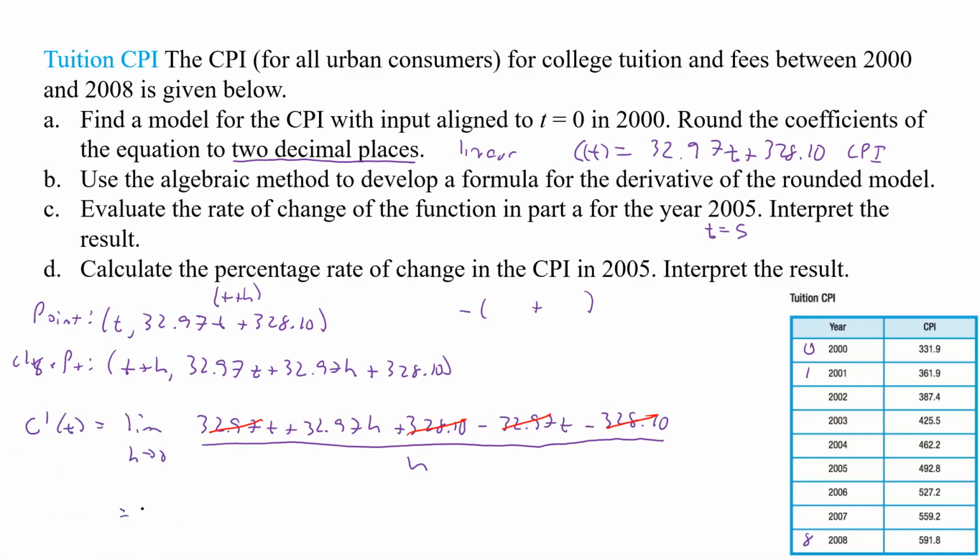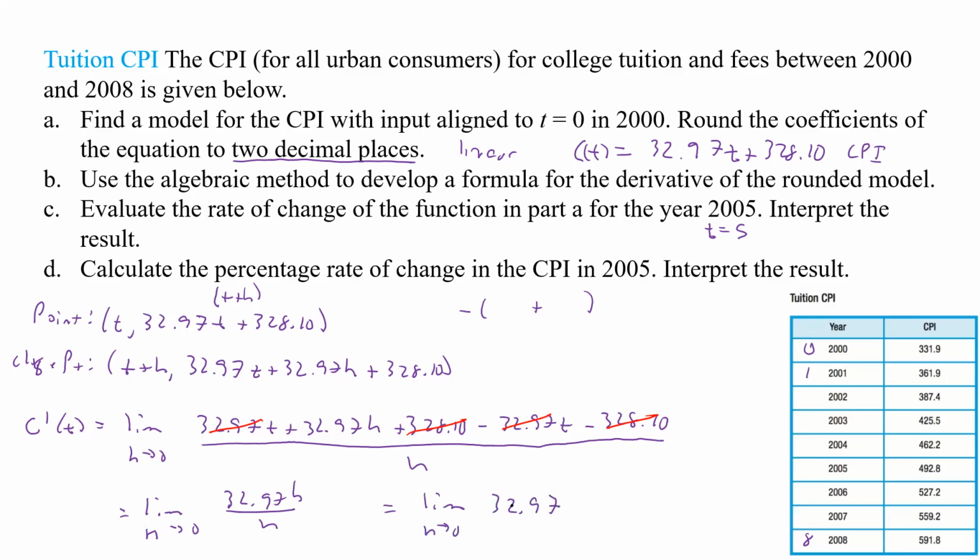And so that says the limit as h goes to 0 of 32.97h over h. Well, our h over h is going to go to 1. And so this is just the limit as h goes to 0 of 32.97.